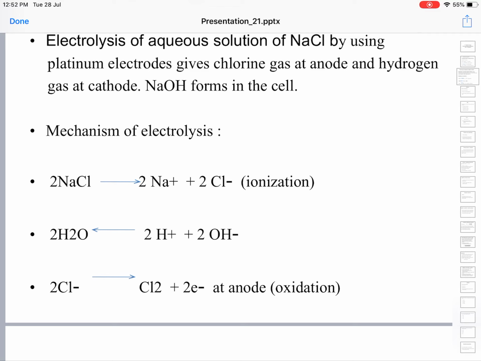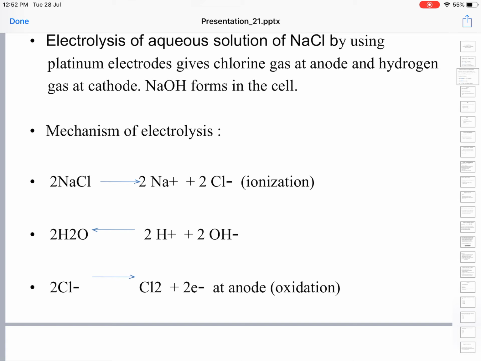When electricity is passed, there is competition between the positively charged ions to discharge at the electrode. Both sodium ions and hydrogen ions come to the cathode and compete for discharging.